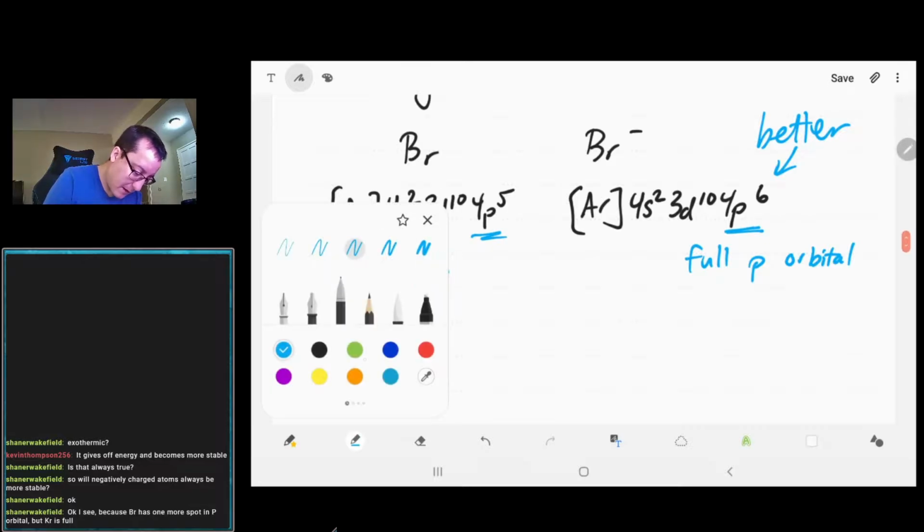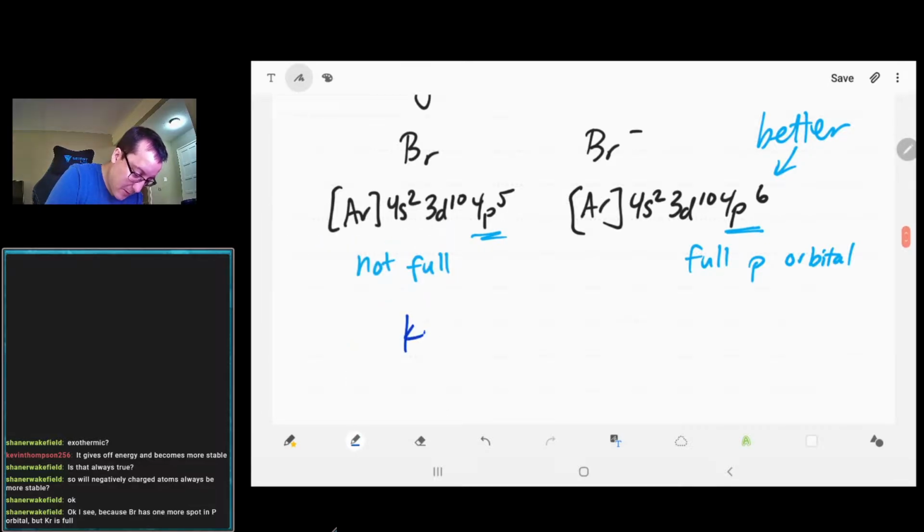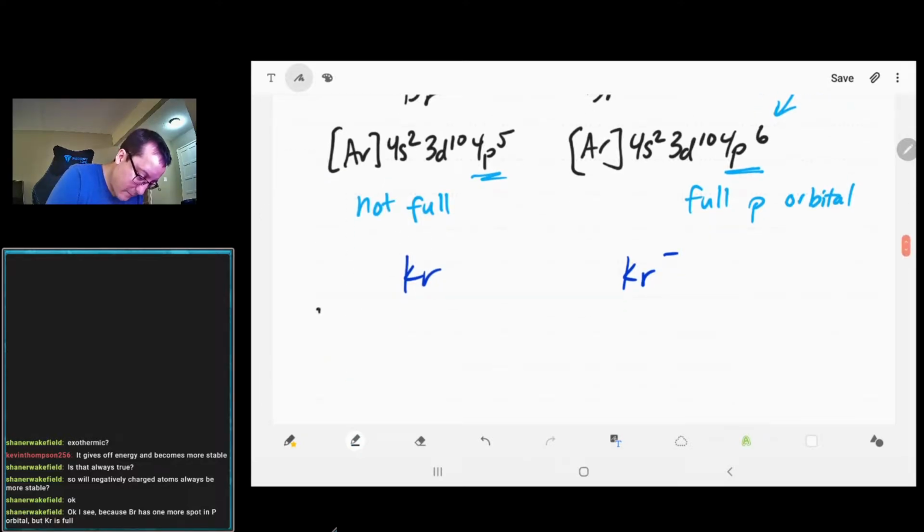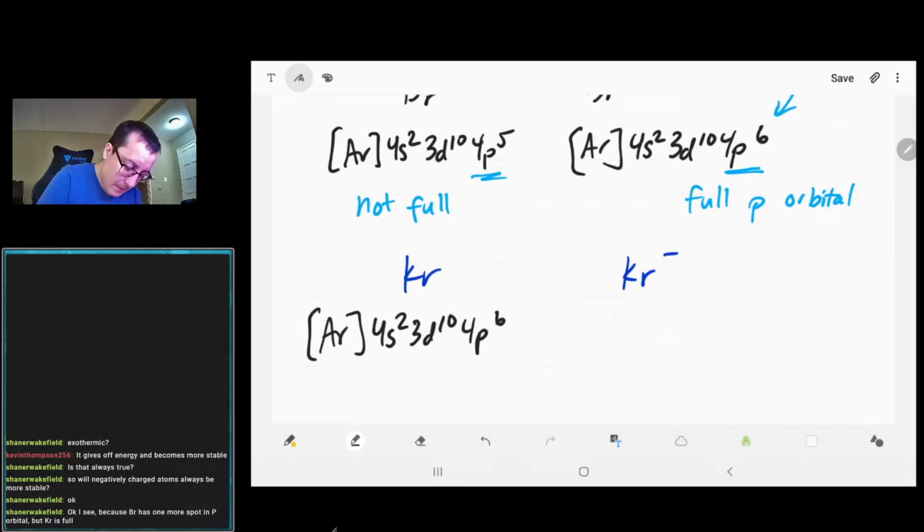And so if we compare krypton with krypton minus, we'll see krypton would be, and I'm going to do this one, I'm not going to write krypton 5s1 because that would just be quite silly.